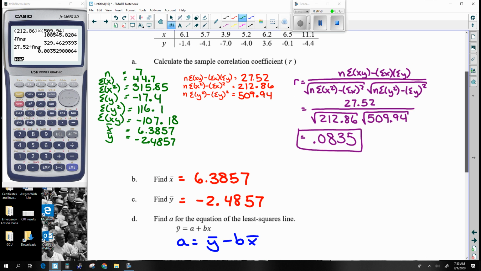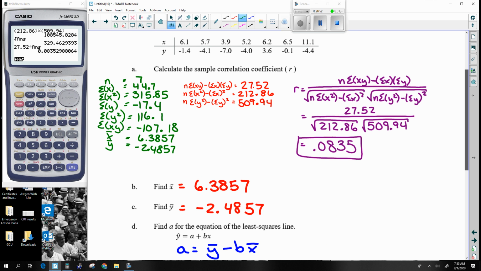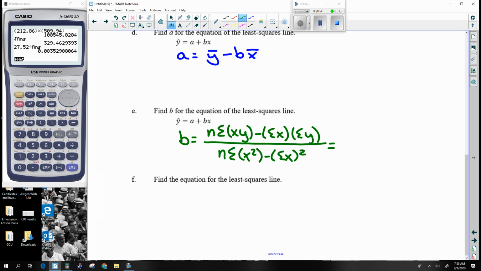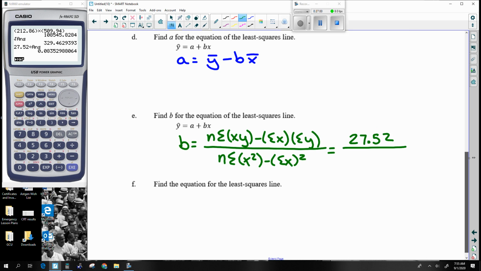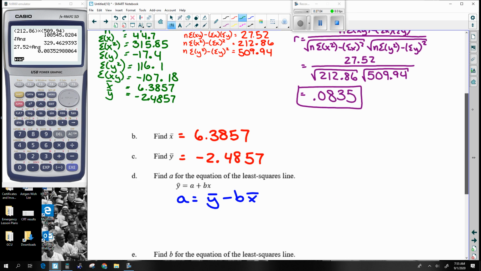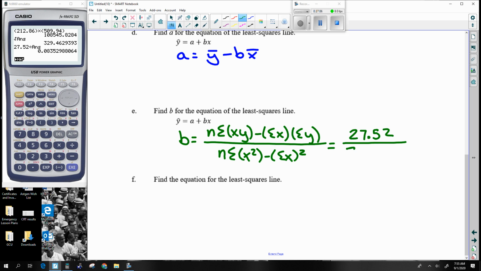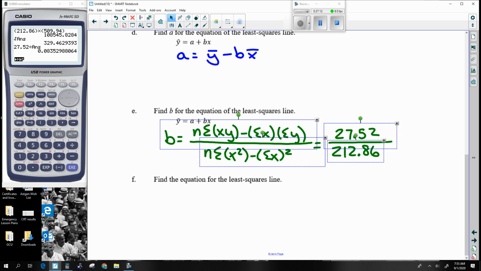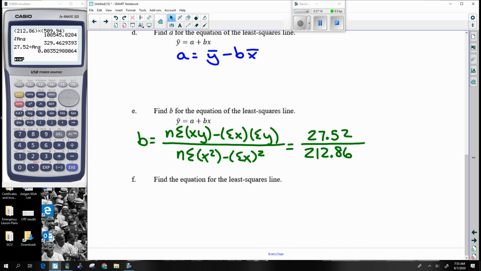So the numerator is the very first mini formula, 27.52, and the denominator is the middle mini formula, 212.86. So that is that much, and now all I have to do is simple division.